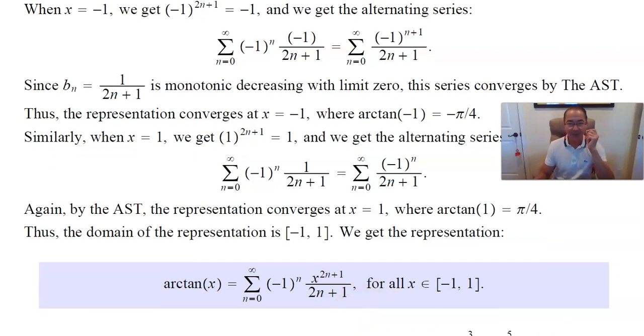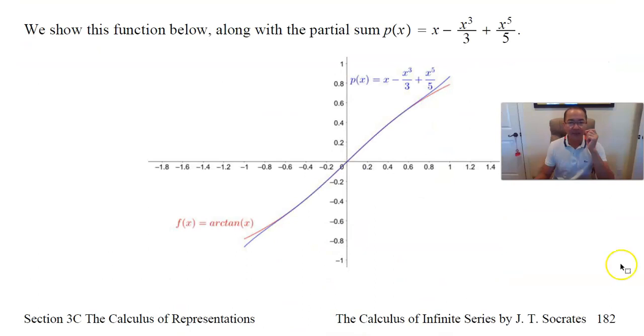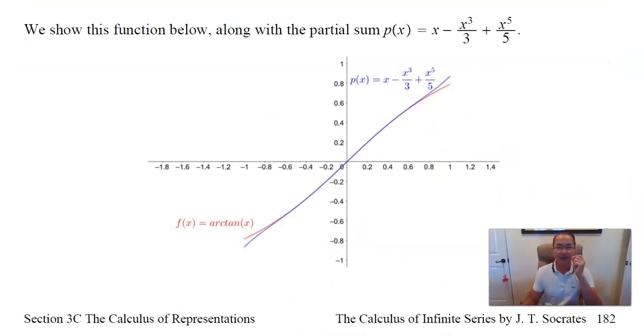Once again, we can confirm through GeoGebra by taking only 3 terms, because only odd powers are expressed by 2n plus 1. So even with just 3 terms, you get a high power already, x to the 5 over 5. Alternating, x minus x cubed over 3 plus x to the 5 over 5. Here is our partial sum, and here is the gorgeous arctangent function, of course.